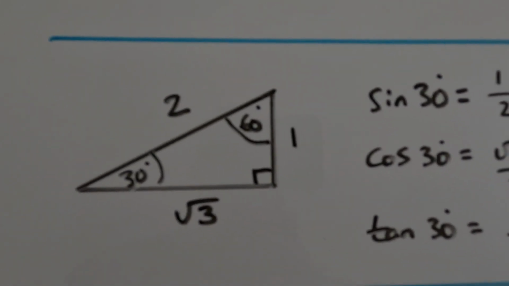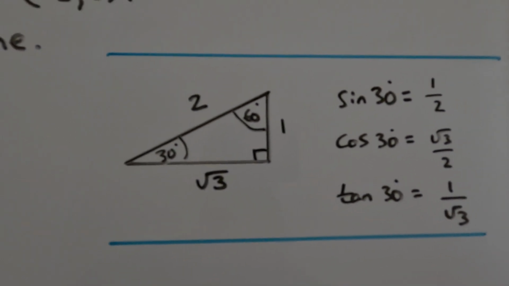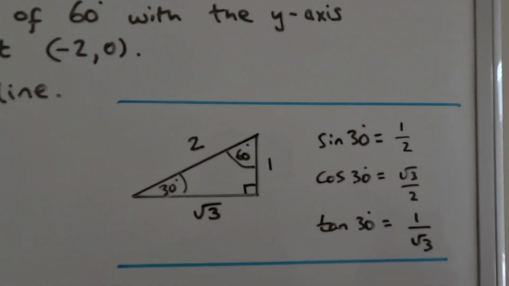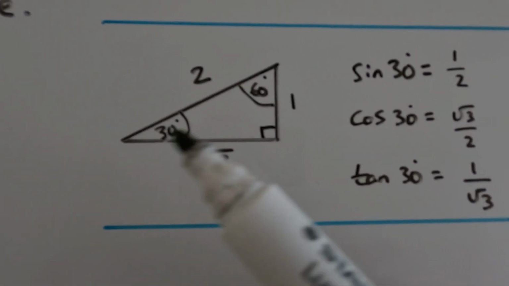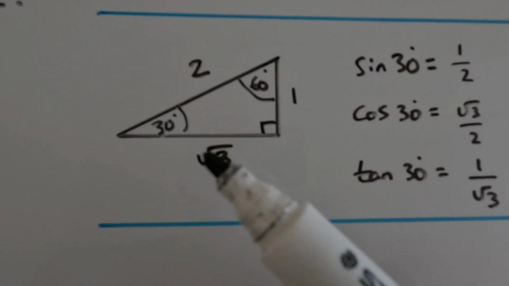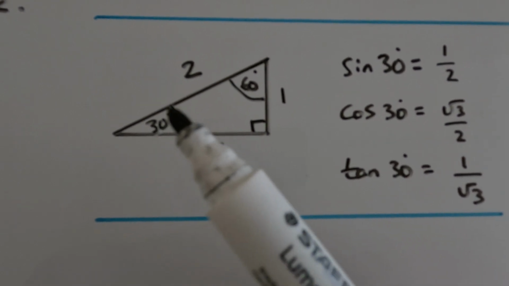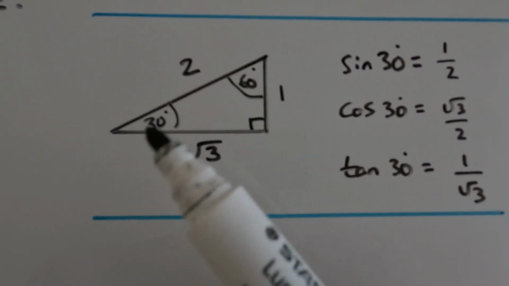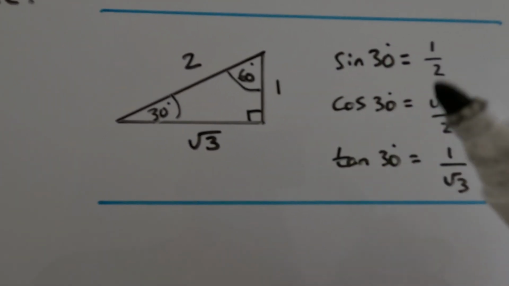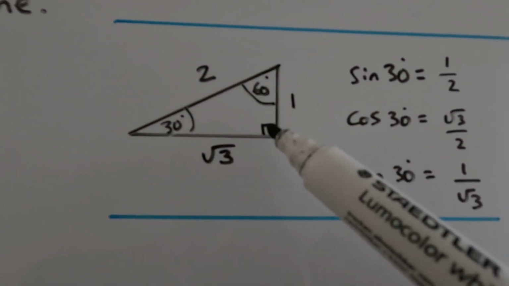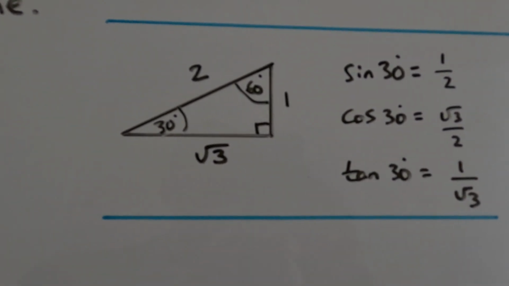So if we draw a little right angle triangle here, and you know Pythagoras' theorem, the square on the hypotenuse is equal to the sum of the squares of the other two sides. So if you draw this triangle here, which is identical to the one we have in the question, 30 is the angle here that the line makes with the x-axis, 60 is the angle it makes with the y-axis, 30, 60, right angle, add up to 180.